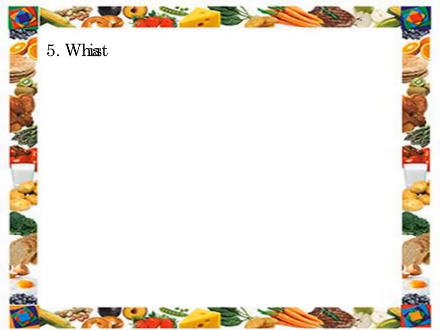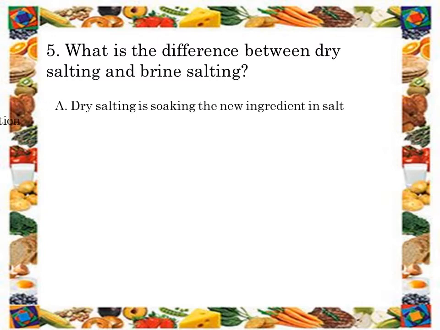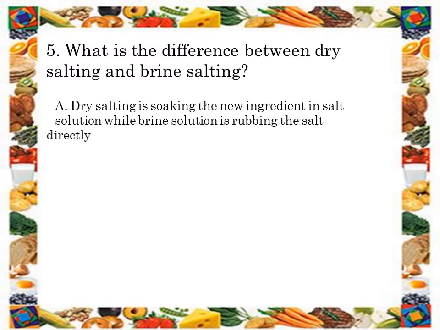Number 5. What is the difference between dry salting and brine salting? Letter A. Dry salting is soaking the raw ingredient in salt solution, while brine salting is rubbing the salt directly in the food.